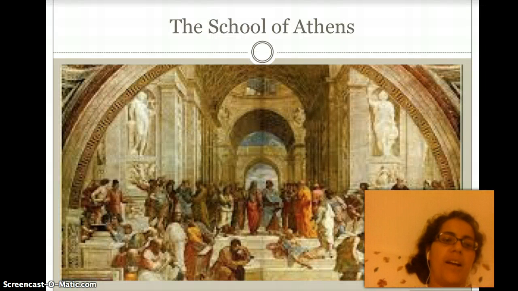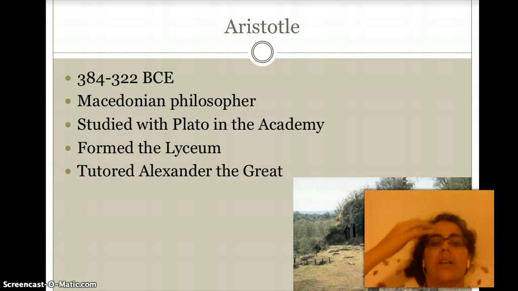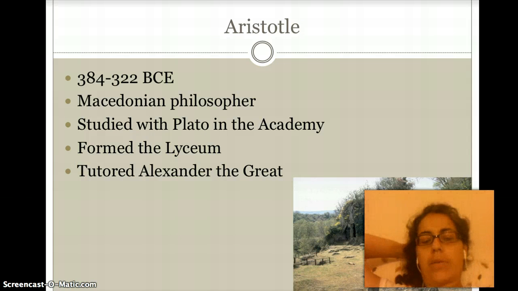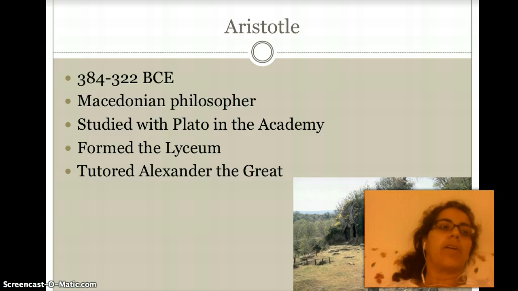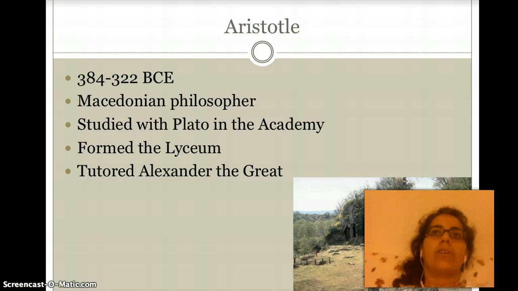Sorry about that. So Aristotle, just two things about him, right? He was a student of Plato, and a student of Plato as in Aristotle actually came to the academy and he studied and taught with Plato.